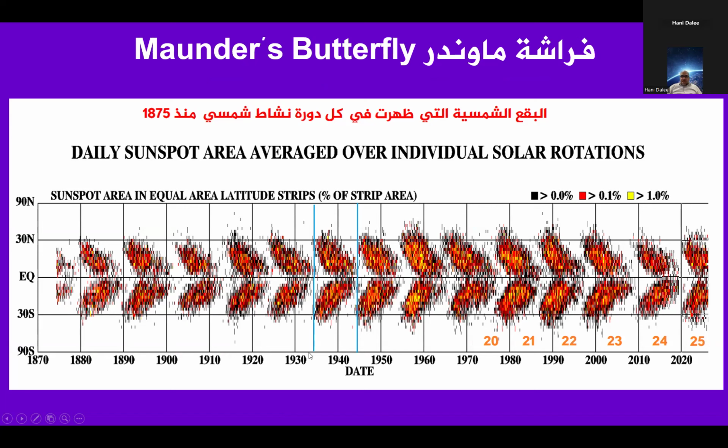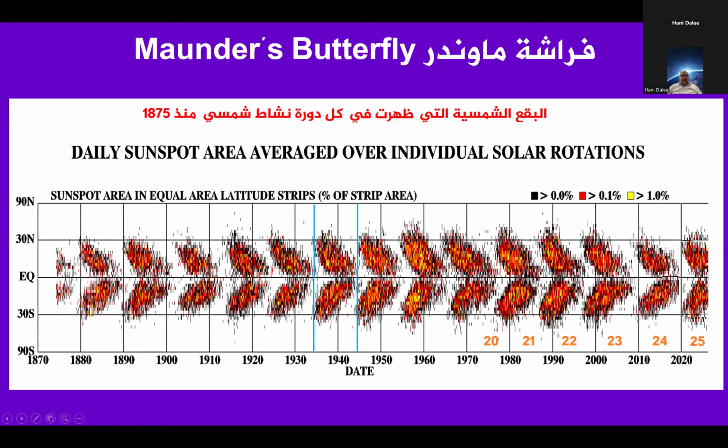So if you take one solar cycle, let's say from here to here, in the beginning of the solar cycle, most of the sunspots were appearing in the upper latitudes. Then with the progress of time, when it became maximum, most of the sunspots appeared near or closer to the equator.